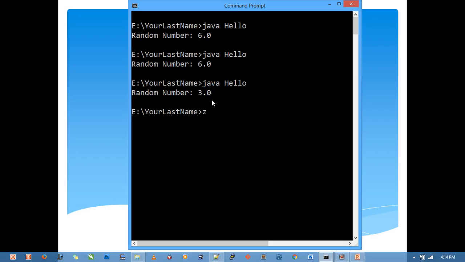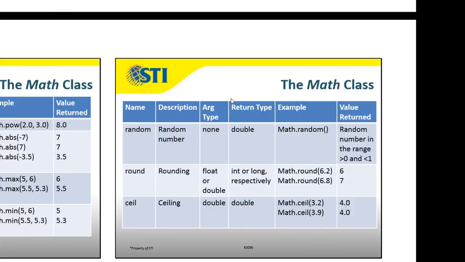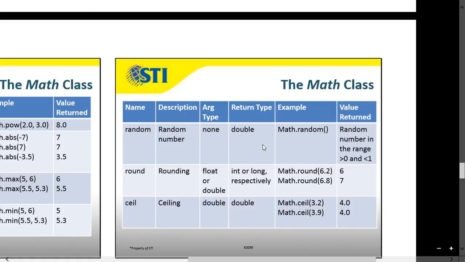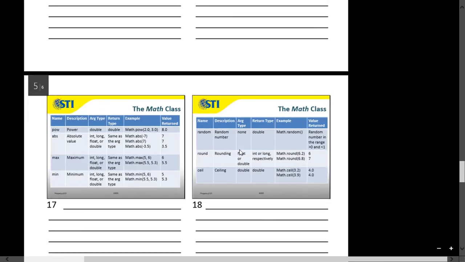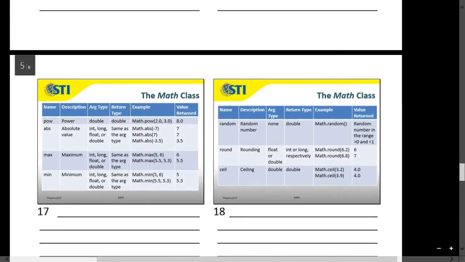Like this one, 3.0, or if it's not double, what if I just want it to be 6.0 or plainly 5 without any decimal points at all? So it is what we are going to discuss today, the Math class, specifically the random function. So just study this Math class.